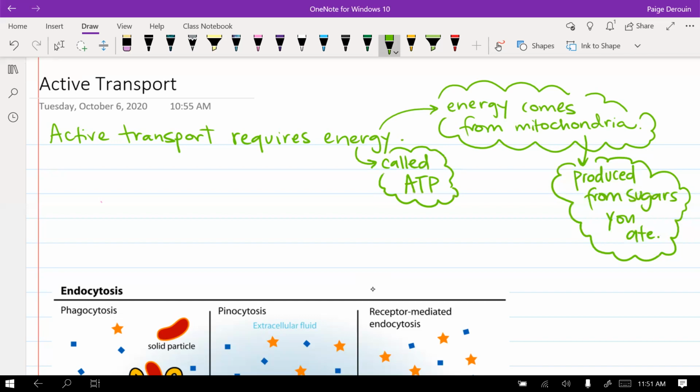Tell me another thing about active transport. What direction does it move stuff? From high to low concentration or low to high? Low to high. Good.